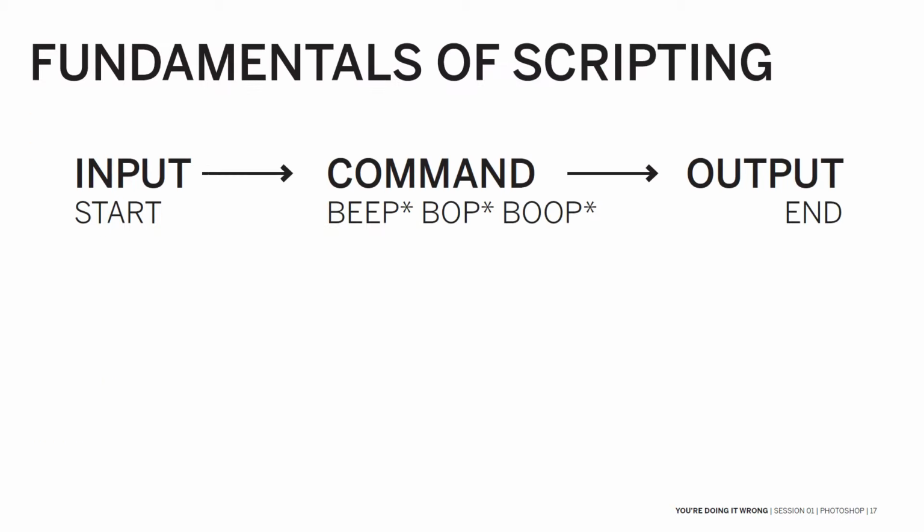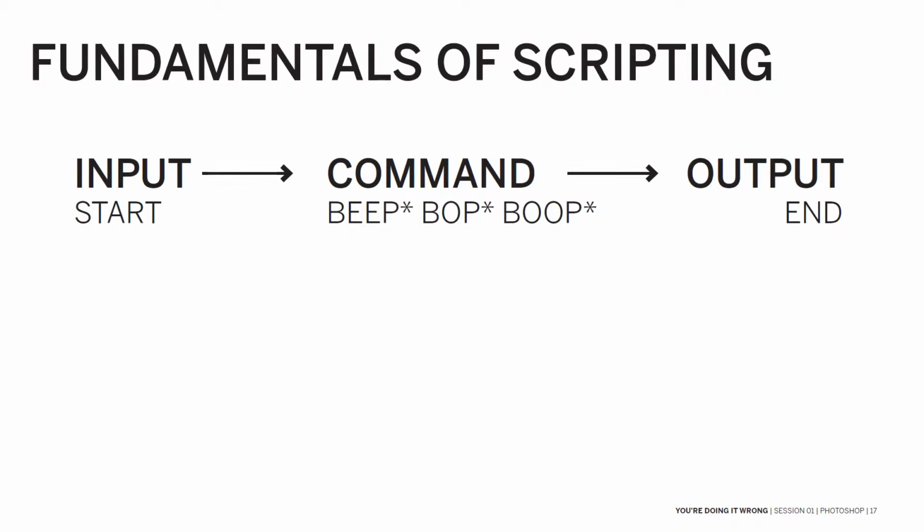Okay, so fundamentals of scripting. So we've talked about what parametric means. We've talked about Grasshopper and what it does. But here's how to fundamentally understand scripting. If you understand this, then you can get scripting.